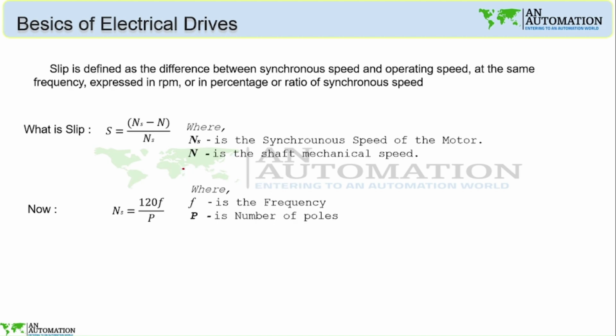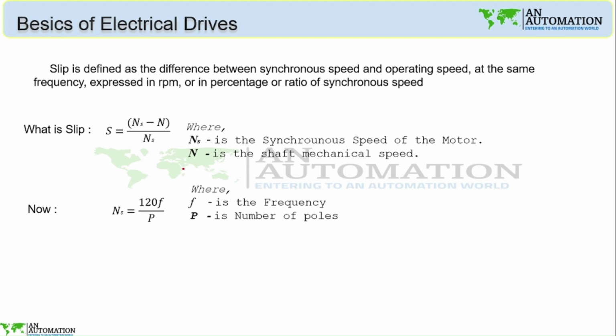So before we start the drive, to understand how the drive actually works graphically, we will have to look at some formulas of the induction motor. We can get from our previous sessions that slip is (Ns minus N) divided by Ns, where Ns is the synchronous speed and N is the shaft or mechanical speed.